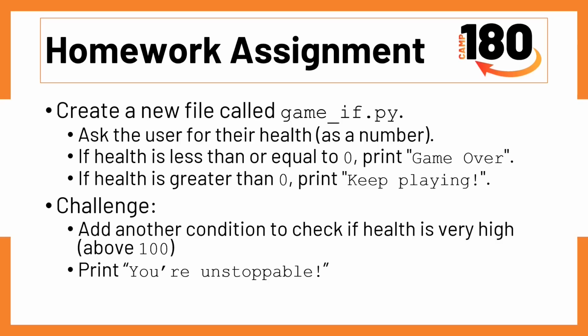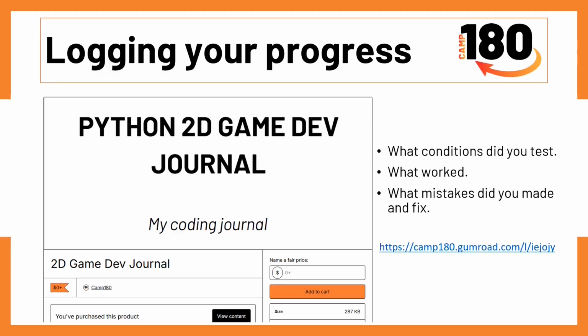If this condition is true, display the message keep playing. An optional challenge. You can add another check to see if health is very high. For example, above 100. If this condition is true, display the message you're unstoppable. This exercise helps you practice using multiple conditions to make your program respond in different ways.